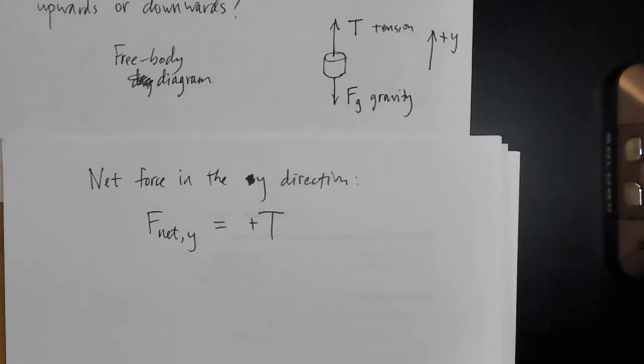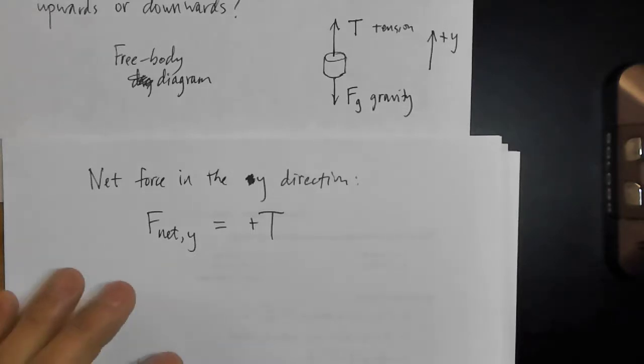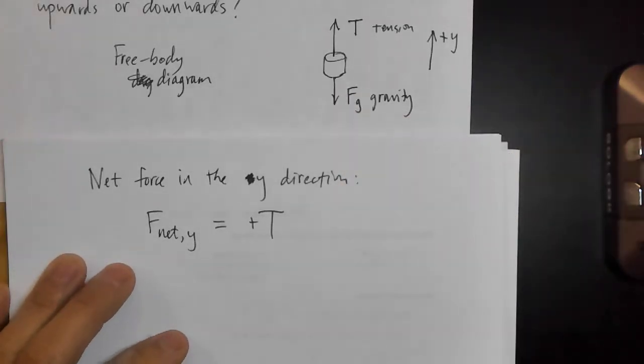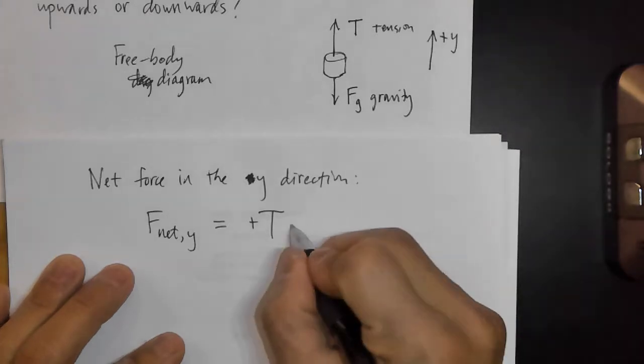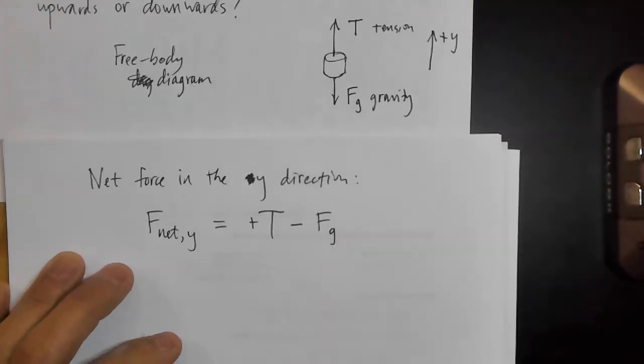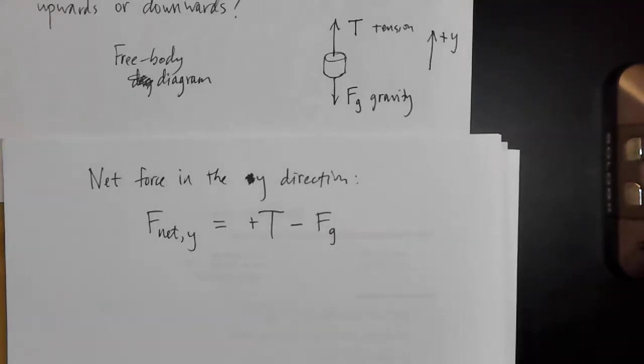This T is the magnitude, so it's pointing up, so the component will be plus T. But Fg is pointing down, so is everybody good with saying it's minus Fg? Does that make sense? Because Fg is the magnitude, and because it's pointing down, I need the minus sign to get the actual component.